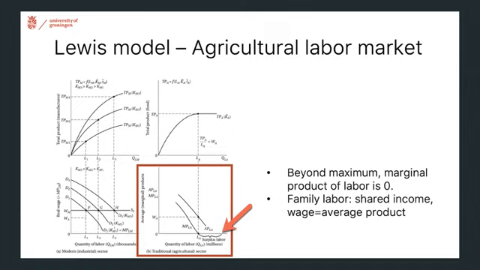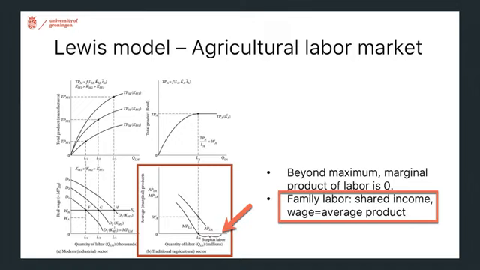Now, you may wonder how would workers in this case survive, because in a normal neoclassical world, the marginal product of a worker is equal to their wage, so they earn their marginal product. Here, that problem is circumvented by assuming there's family labor.